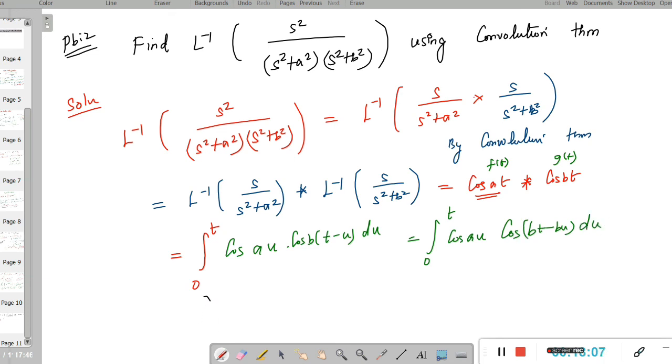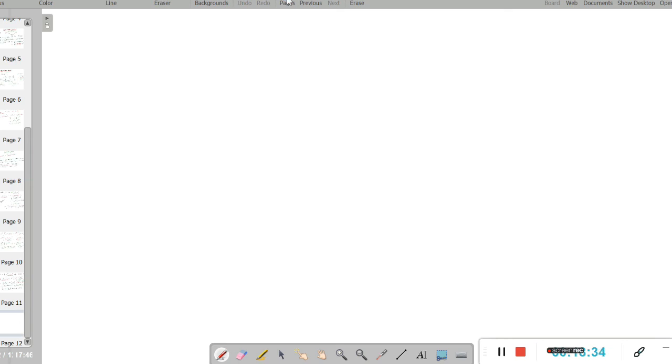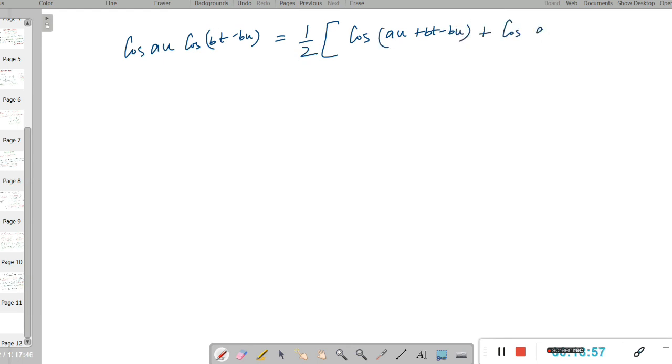Now I am going to apply this formula: cos A cos B equal to 1 by 2 into cos A plus B plus cos A minus B. Here I am going to take au as capital A, and bt minus bu as capital B. If you apply this formula, cos au cos bt minus bu equal to 1 by 2 cos au plus bt minus bu plus cos au minus of bt minus bu.